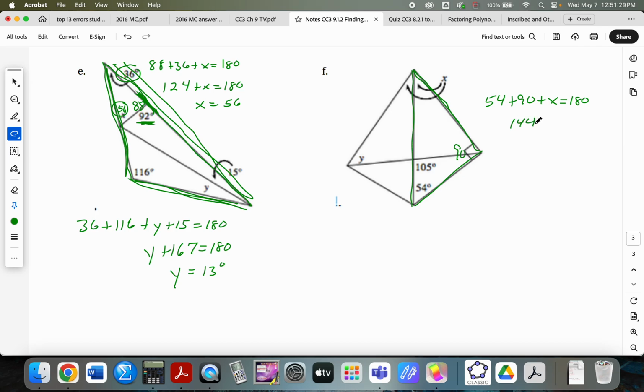So it's 144 plus x is 180. So subtracting, x is 36. Notice it says both of these are x. So this is 36 degrees and this is also 36 degrees.